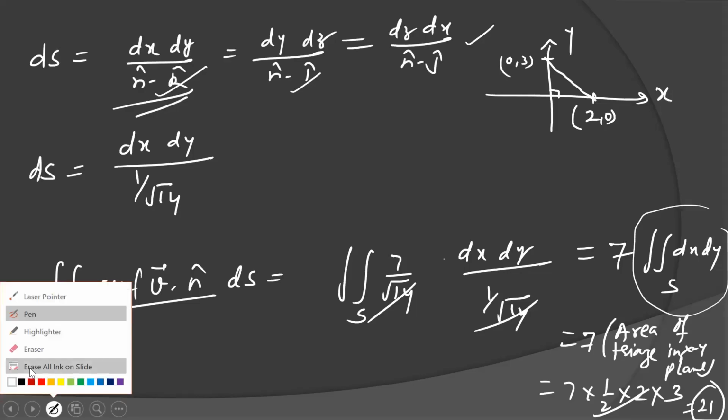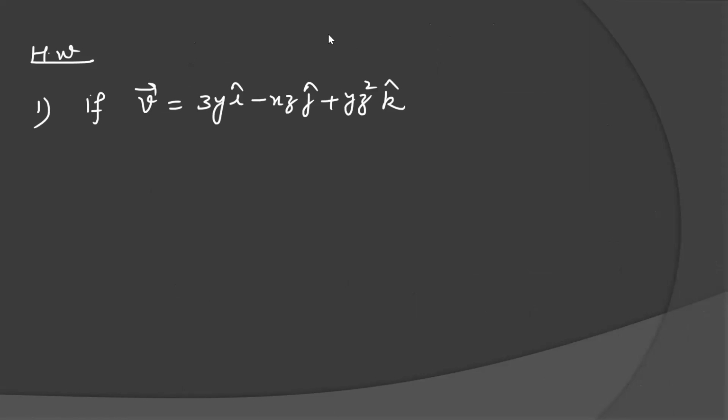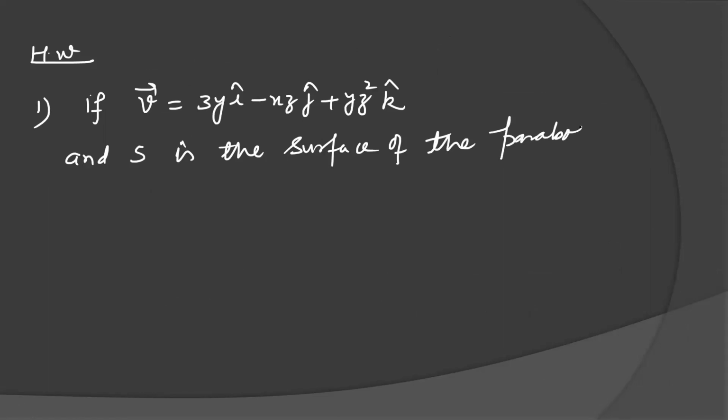Okay, I am giving one similar problem as homework. If v vector is 3y i minus xz j plus yz square k, and capital S is the surface of the paraboloid 2z equal to x square plus y square, bounded by z equal to 2.